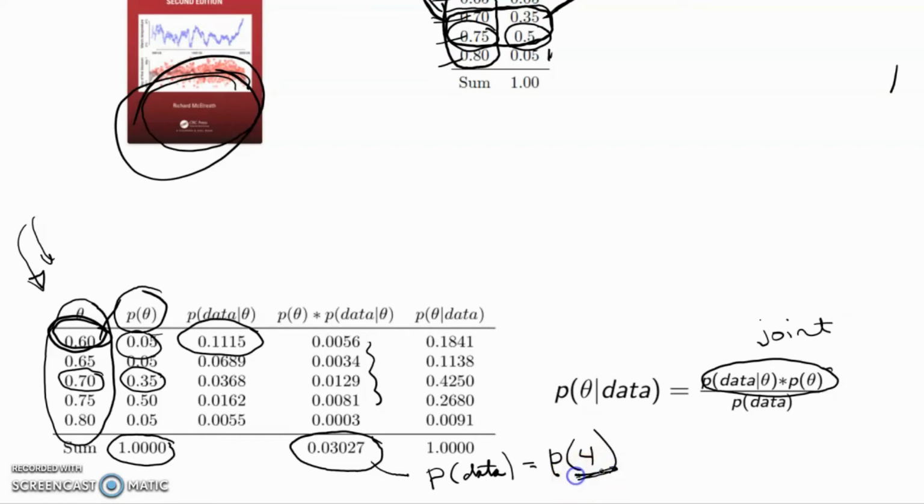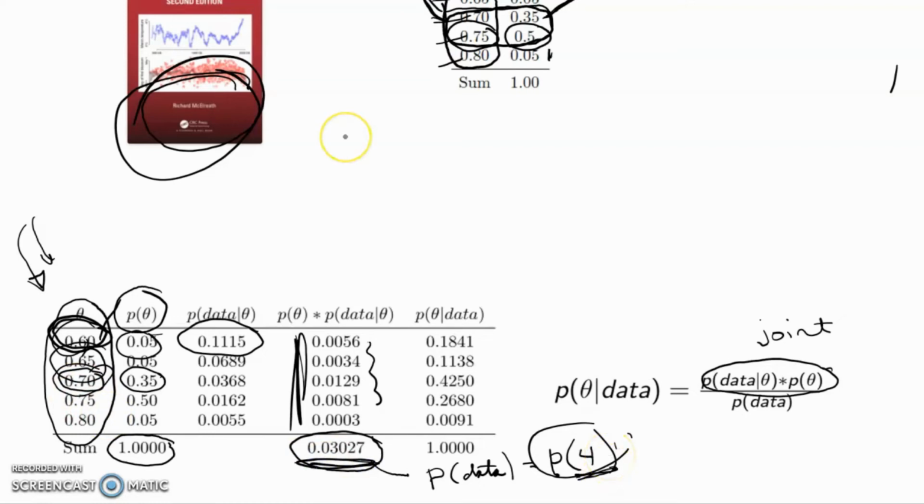How do you get 4 waters? Well, there's 5 different possibilities. Either theta was equal to 0.6 and you got 4 waters, or theta was equal to 0.65 and you got 4 waters. Add that to theta is equal to 0.7 and 4 waters. Add it all together, you get the total probability of 4 waters.